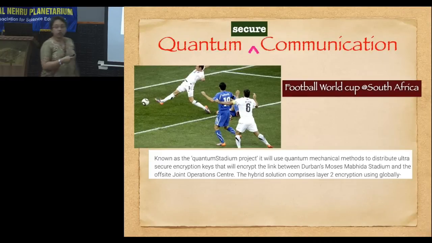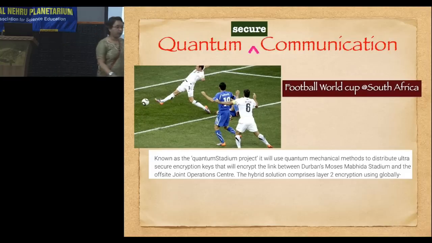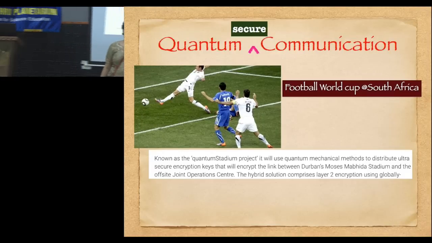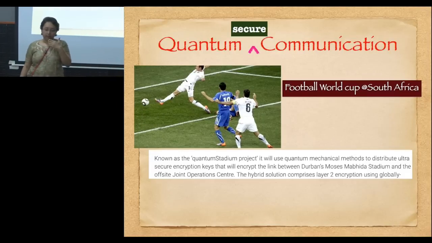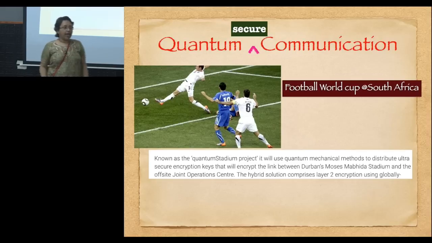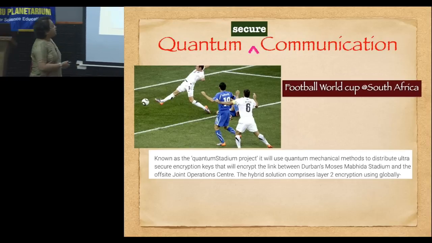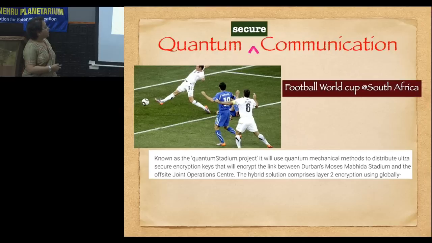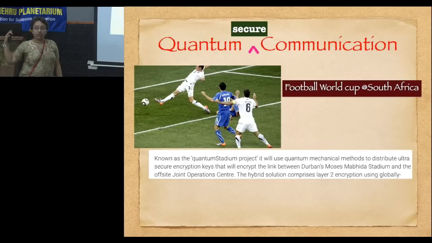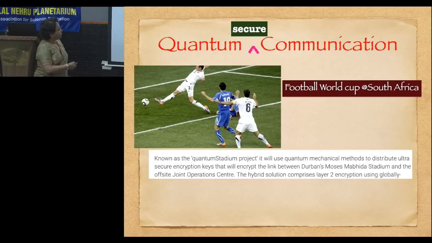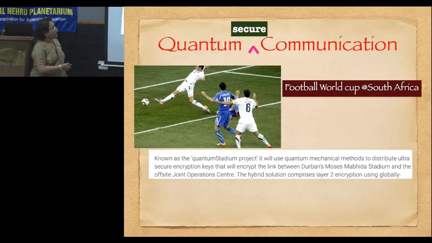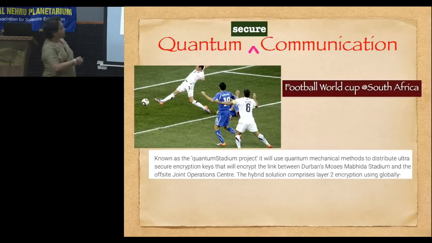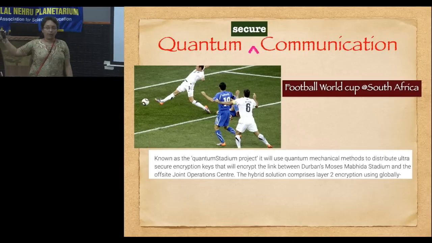This is also not just theory. Quantum cryptography is very well developed now, and it is also commercialized. For example, in the Football World Cup in South Africa, they used these quantum crypto systems to encrypt a link from Durban Stadium to a joint operation center.